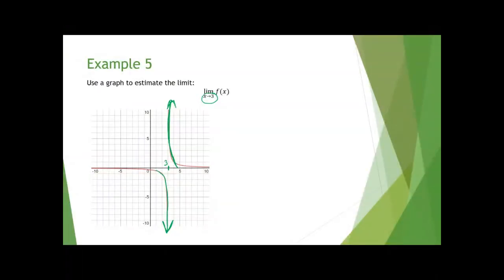Because you're going in two different directions and it's not the same answer, one's positive infinity, one's negative infinity, it's not going to one spot. So we write does not exist. It's not undefined. It does not exist, abbreviated DNE. In cases like that, where it's not the same on both sides, we talk about the limit in terms of the left side and the right side.